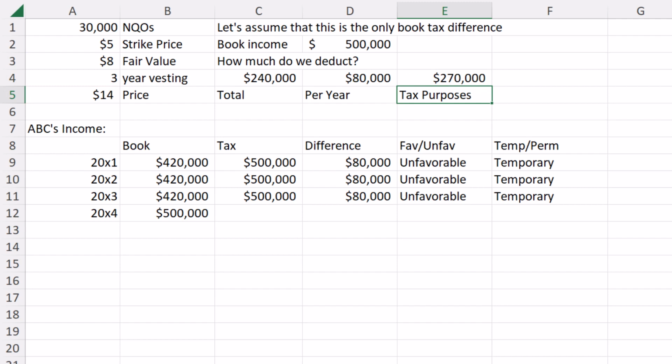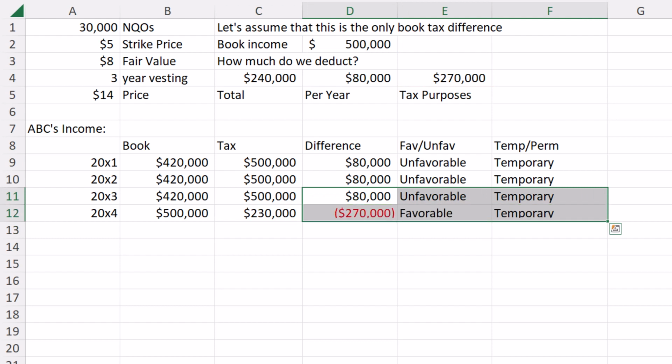And that is $270,000. In other words, everybody is going to get $9 of profit on this exercise. There's 30,000 NQOs out there. 9 times 30,000 is 270,000. So in this year, we are going to be able to take the 500,000 and deduct the full 270,000, and then we can just copy this across.